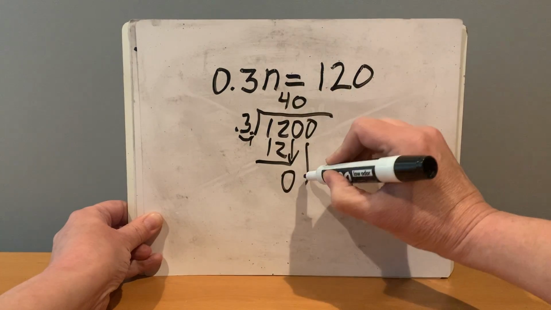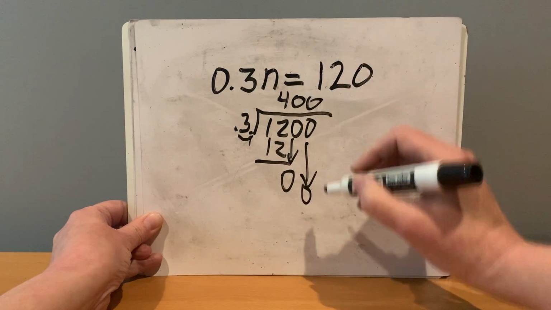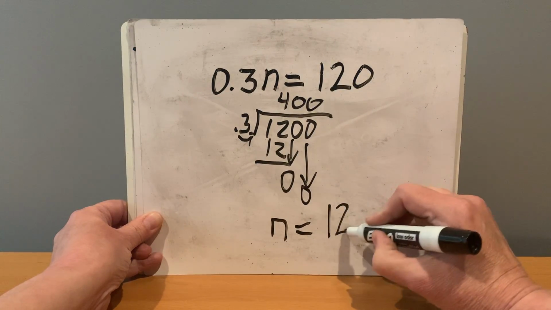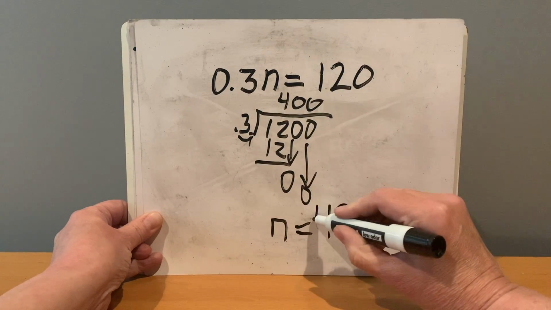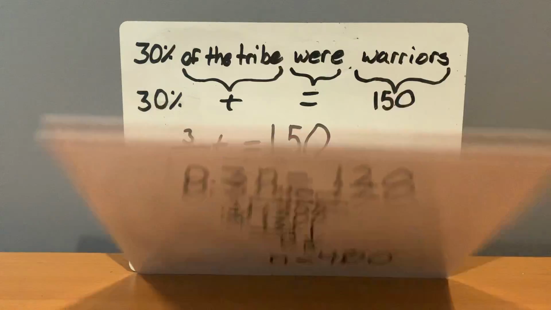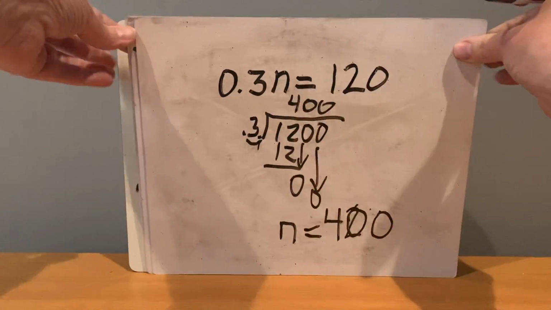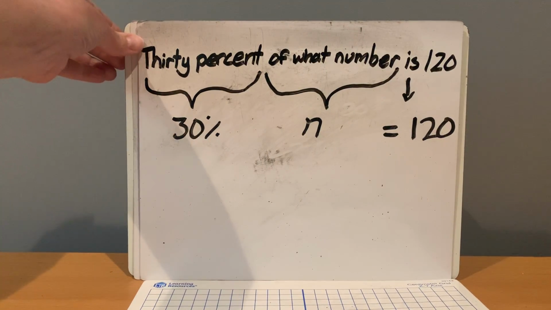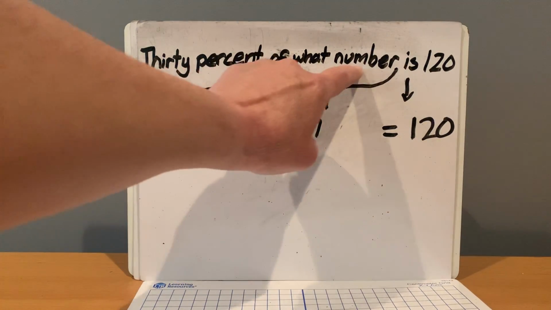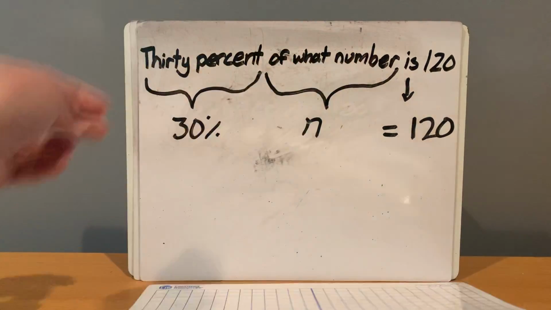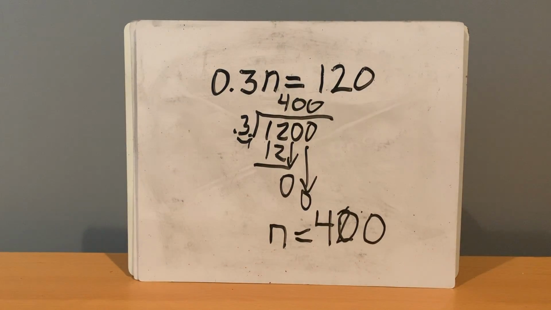Goes in 0, bring our next 0 down, 0, and we find that that number equals 400. So 30% of what number is 120? We could replace of what number? 30% of 400 is 120.